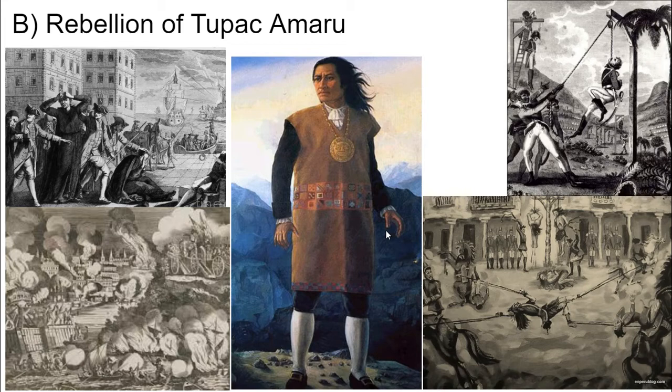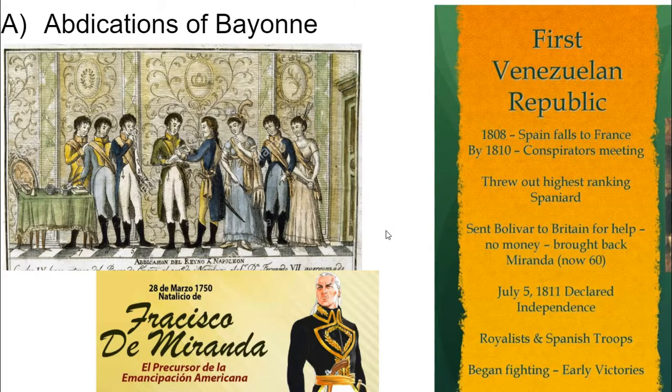This, of course, freaks out most of the mestizos and a lot of the criollos because the Native Americans outnumber the Spanish by a pretty substantial margin. And if they end up taking over, they might go all Haitian Revolution and kill all the Spaniards, which is going to be somewhat problematic. So the rebellion of Tupac Amaru convinces even more Creoles that something needs to happen.